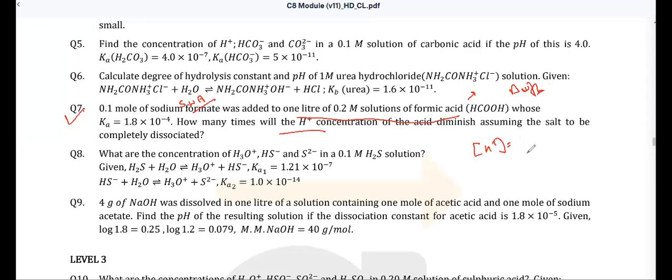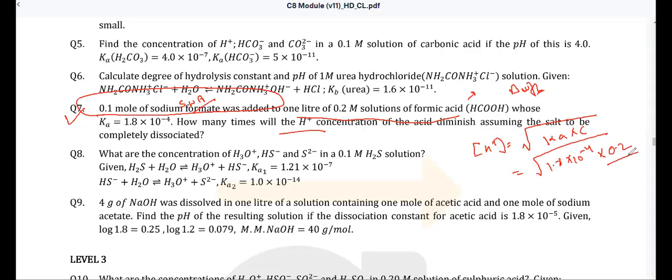Basically, for a weak acid, the concentration of H plus initially, when sodium formate is not given, is root of Ka into C. This is initial H plus, which is root of 1.8 into 10 to the power minus 4 into C, which is 0.2. Got it, everyone?